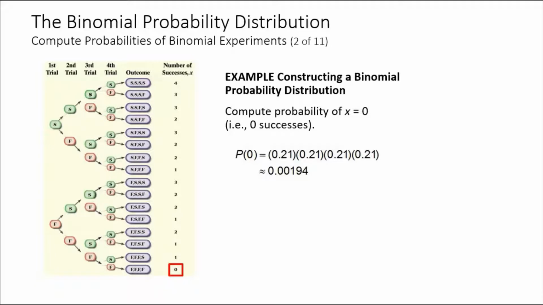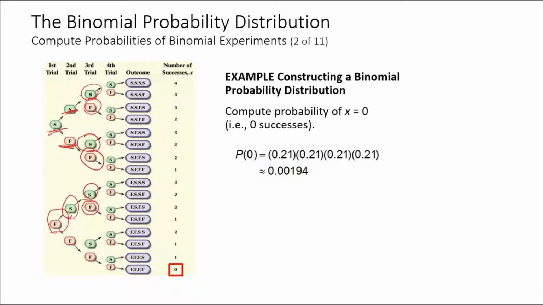If the first flight was not on time, the second flight could be on time or not on time. And then we go to the third flight. Again, if the first flight was on time, the second flight was on time, the third flight could be on time or not on time. If the first flight was on time, the second flight was not on time, the third flight could be on time or not on time. Similar for the failure. So if the first flight was not on time, the second flight was not on time, the third flight could be on time or not on time.